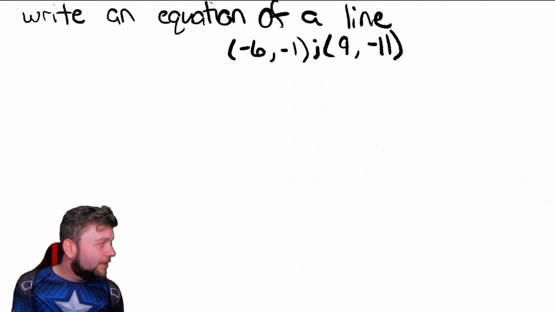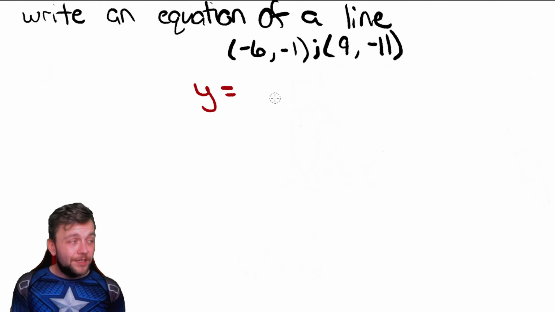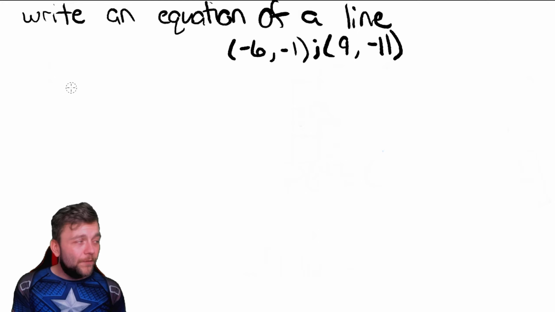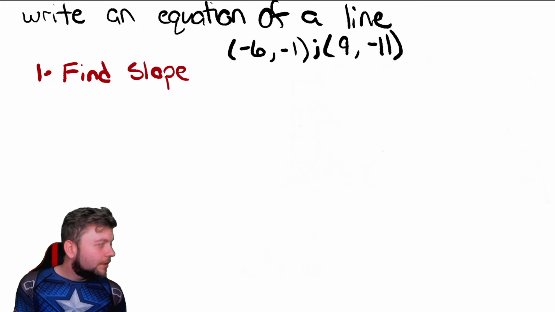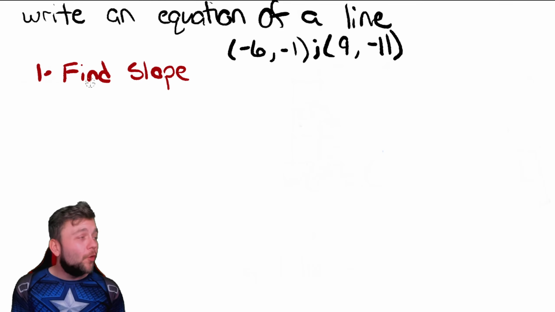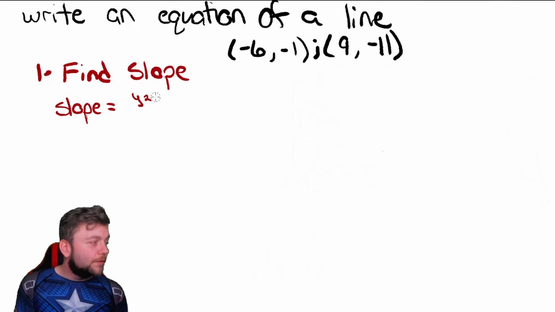Let's use our formula. First thing that you do is find the slope. The way that we're going to do that is with our slope formula, and that is slope equals y2 minus y1 all over x2 minus x1.